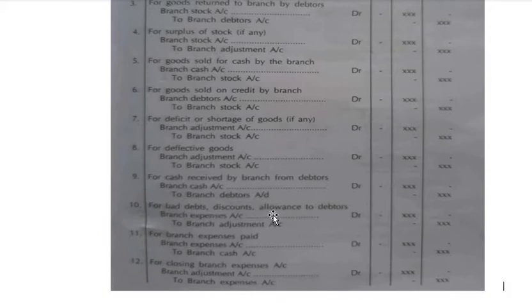For bad debts and discount allowed to debtors: branch expenses account debit to branch debtors account. For branch expenses paid: branch expenses account debit to branch cash account. For closing the branch expenses account: branch adjustment account debit to branch expenses account.